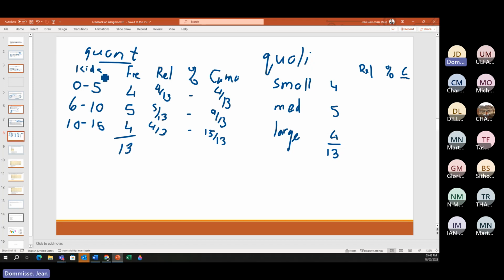Here I'm counting how many are driving in what type of bus. Does it make sense to have a cumulative frequency when it comes to qualitative variables? Not really, because it's not telling me anything.